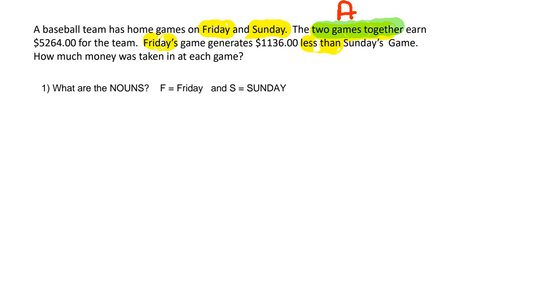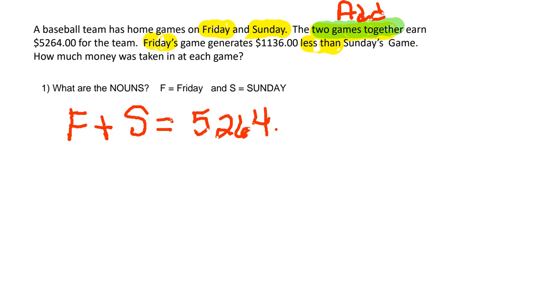Together is saying Friday plus Saturday equals $5,264. That's what this first sentence means.